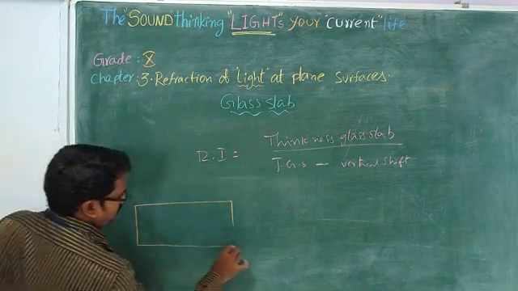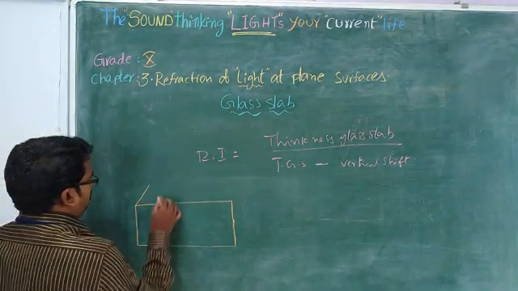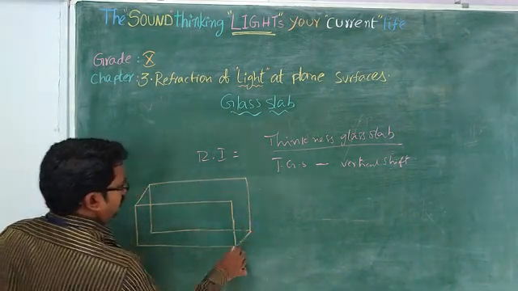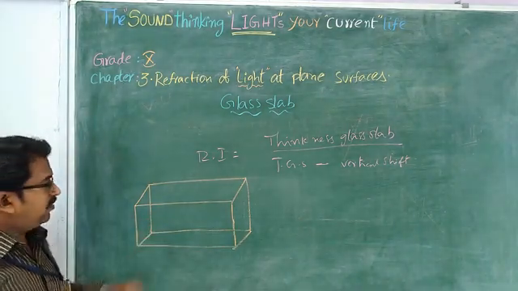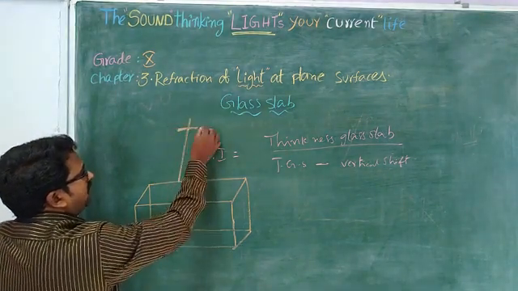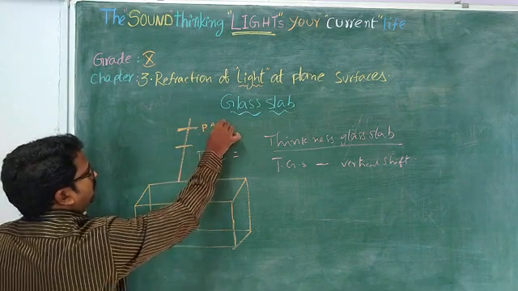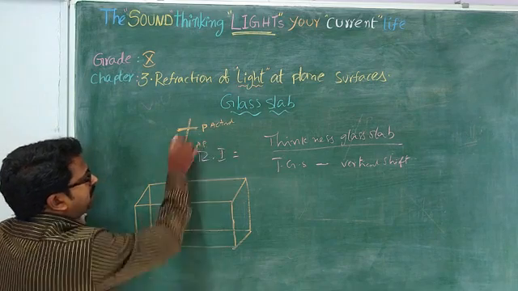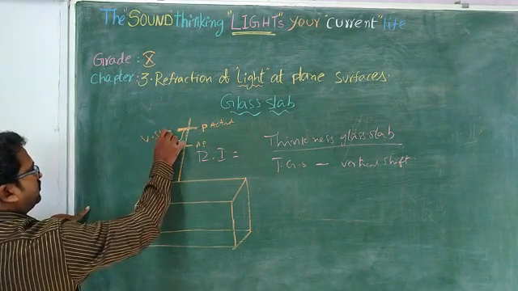Listen carefully. It is a very easy concept, but a few children are going to suffer. Maybe it seems a difficult concept, but actually it is very easy. It's about a glass slab. Now, this is the actual position, and this is the apparent position. The gap between these two is the vertical shift.